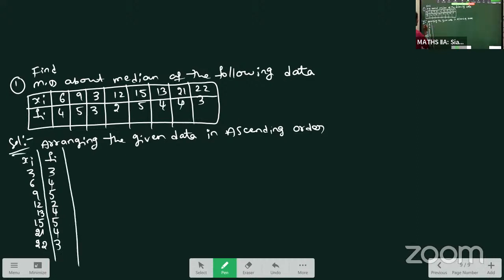For finding median, what is the most important column? We have to find out cumulative frequency. How to find cumulative frequency? Take the first frequency value 3 as it is.